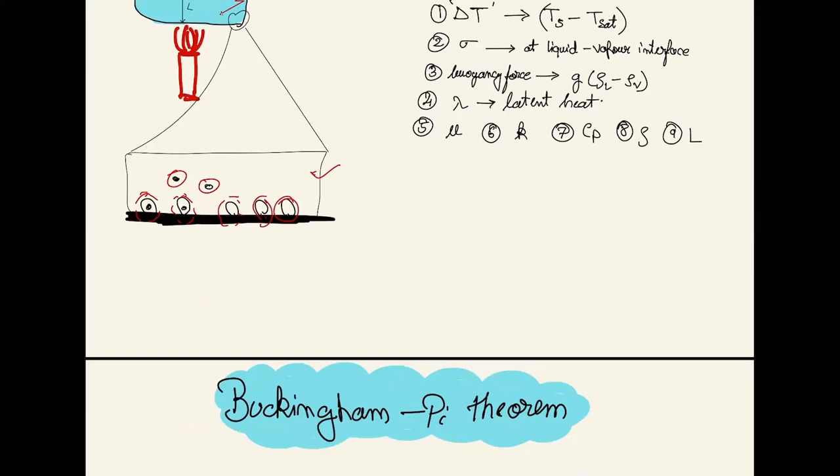Pahuni, okay, she's also fine. Kaushik. Yeah, okay, great. So you guys are okay with the fact that we cannot use governing equations. So in all such cases where governing equations cannot be used, we can always go for the Buckingham Pi theorem.